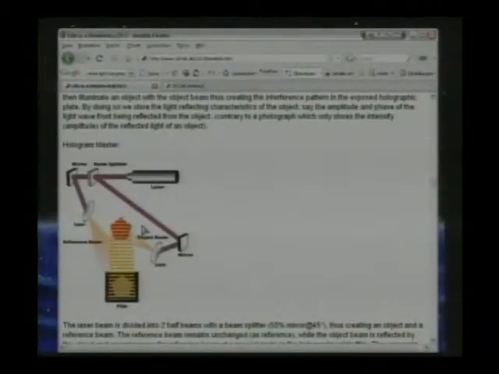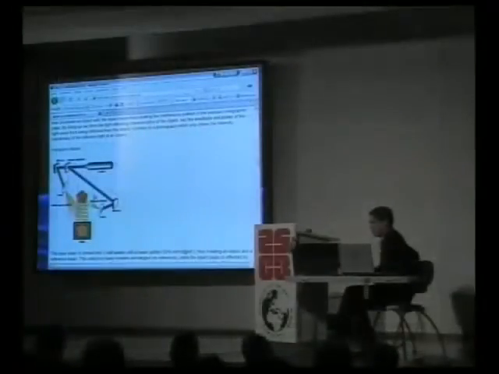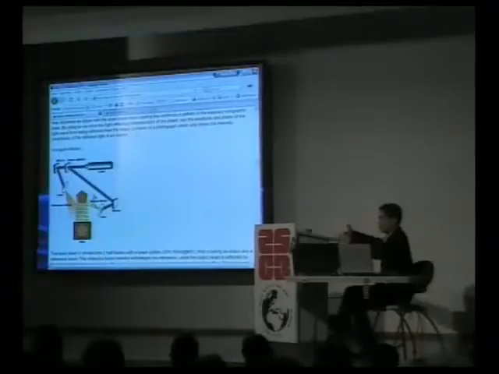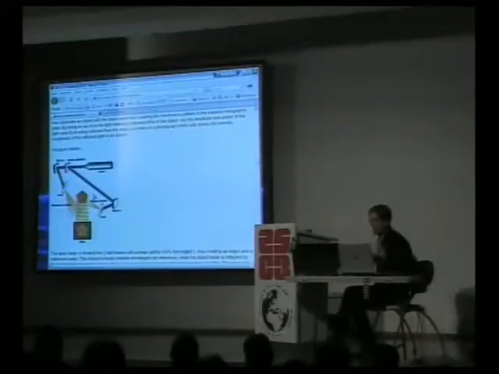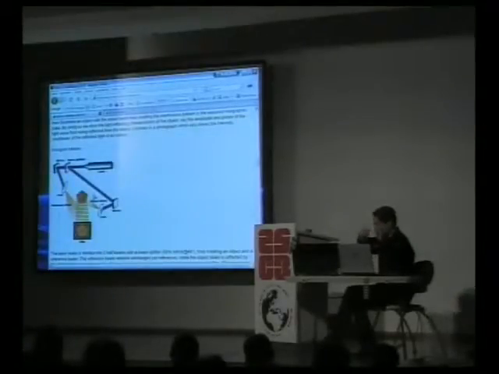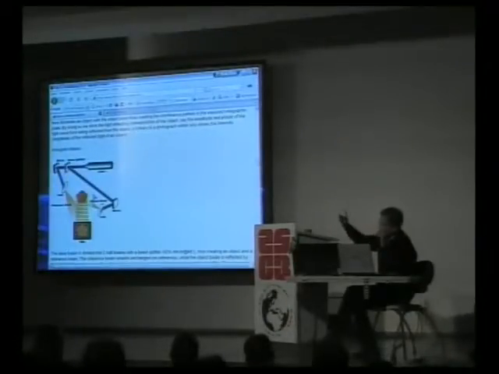The object reflects the light, as usual, and so what happens is, in the film, in the plate, we've got like a window which stores the light wavefront being emitted from the object by an interference pattern. Because the coherent light allows us to exactly define the light differences, which is the information of the object, the light which is reflected from the object.